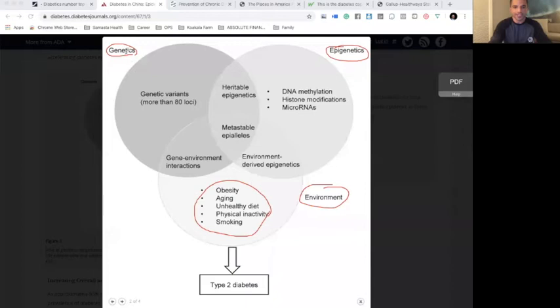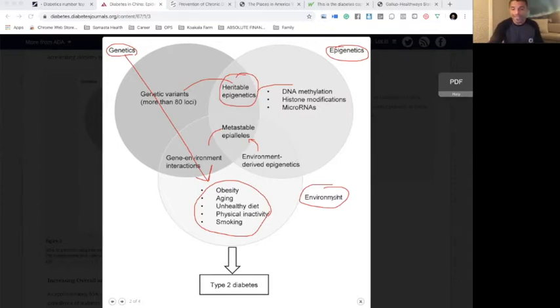So it's a lot of the things that we have talked about in many different ways: heritage and epigenetics, and then environmental, which is a fancy word for gene-environment interactions and environmentally derived epigenetics, meaning the things in our environment that turn on these genes.